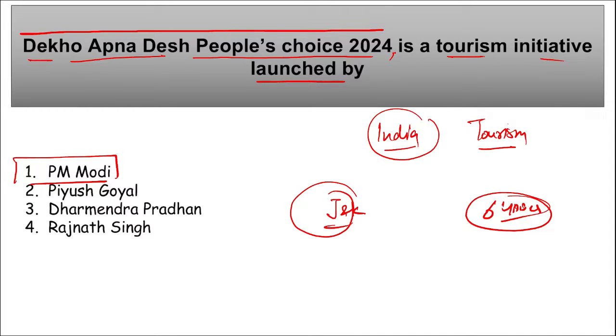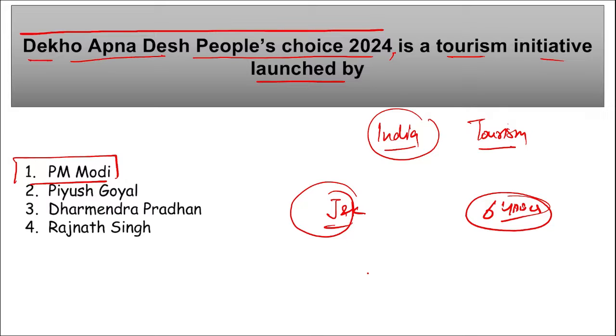Right? So just remember, Dekho Apna Desh, as the name suggests, is basically to make people visit all the historic places, all the monumental places in India, right? As it will increase the tourism in India, and we know tourism is a very important sector in the country's economy, because we have seen the effect of it: during COVID-19 when there was a lockdown, the Sri Lankan economy was very much devastated.